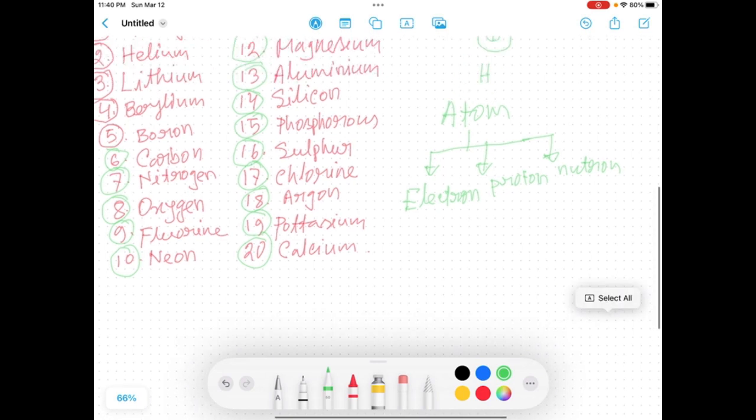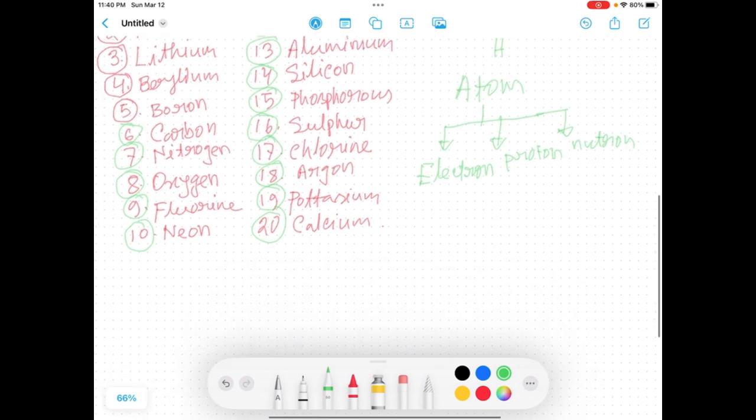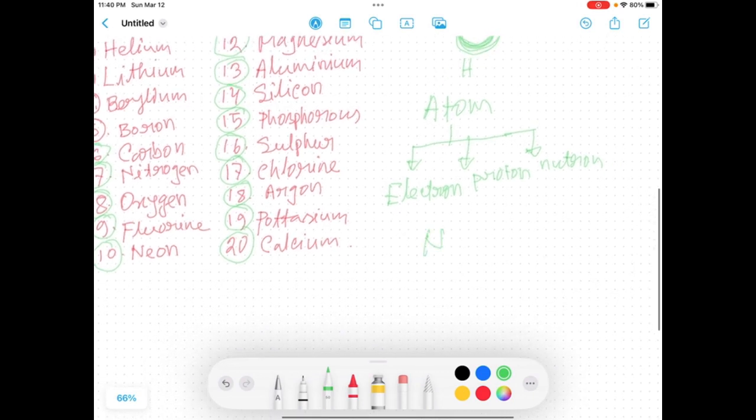So electron always stays outside the nucleus and moves, circulating the nucleus like this. But what is nucleus? Actually nucleus contains proton plus neutron.